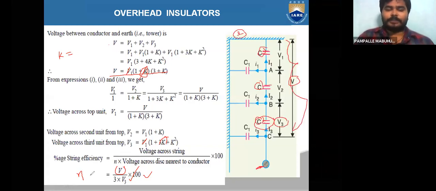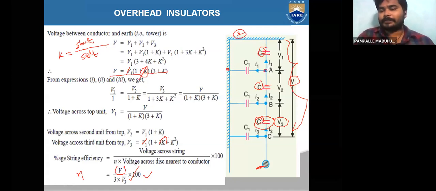So this string efficiency depends upon the value of K. K is the ratio of shunt capacitance to self capacitance, or you can say mutual capacitance. Self capacitance or mutual capacitance, both are the same. The shunt capacitance is the capacitance between the tower and the metal link.